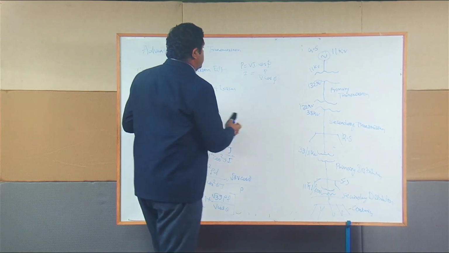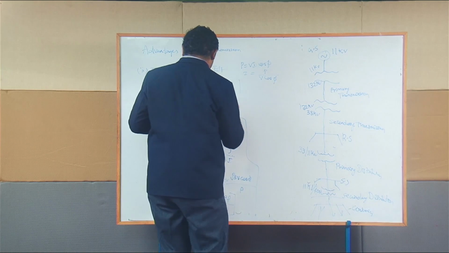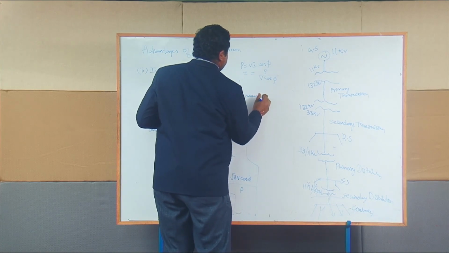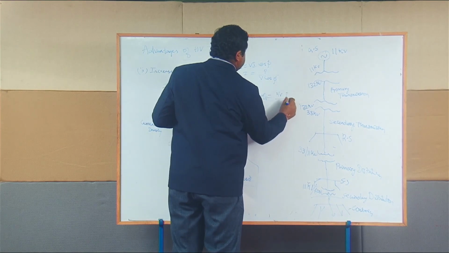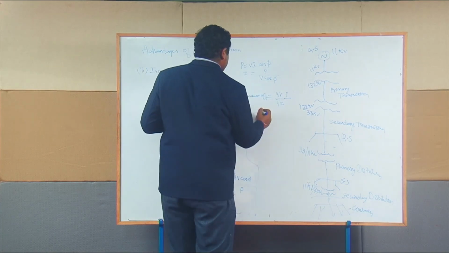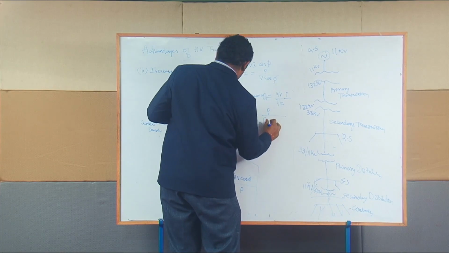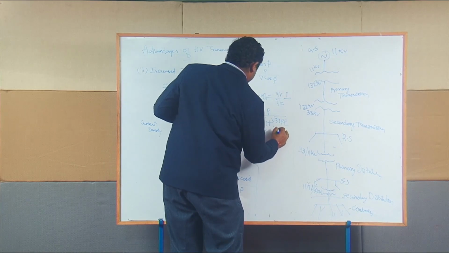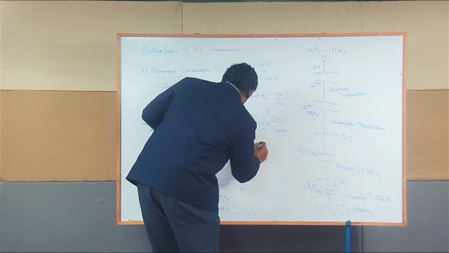So, transmission efficiency is equal to output power by input power. Now, we have derived the expression for input power, substitute over here: P divided by P into 1 plus root 3 J rho L divided by V into cos theta.